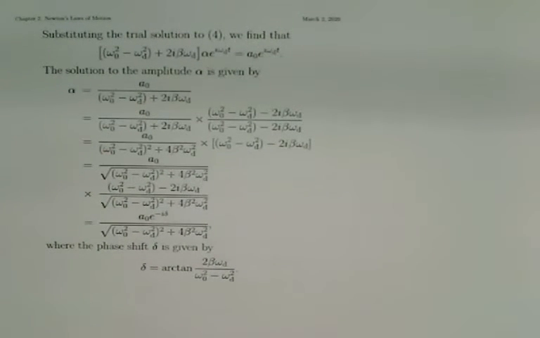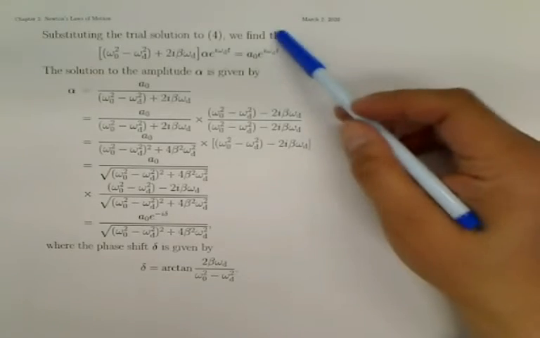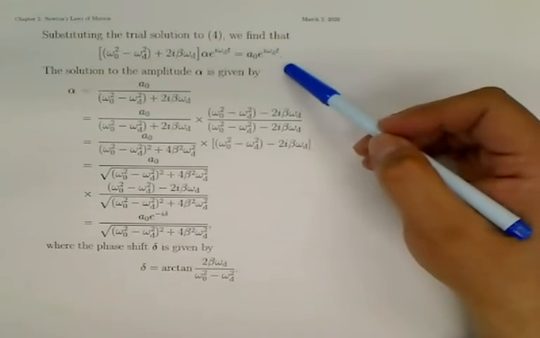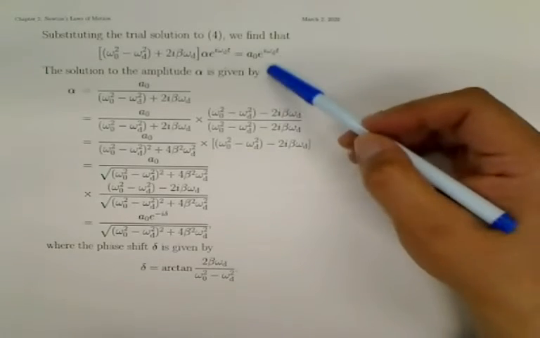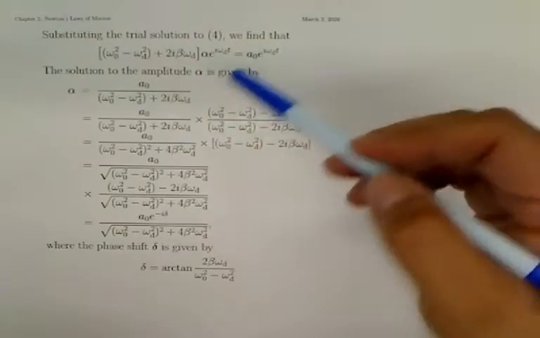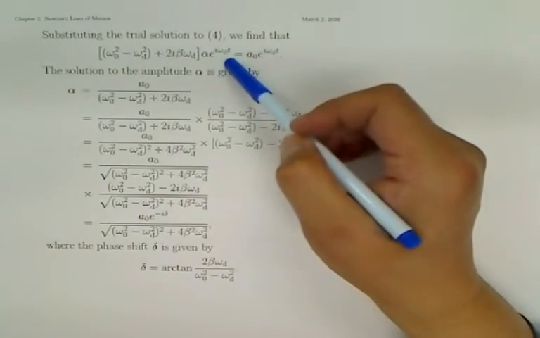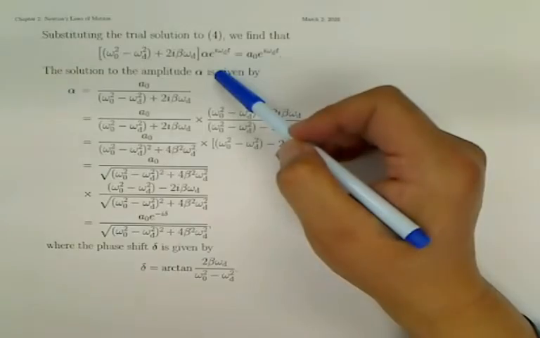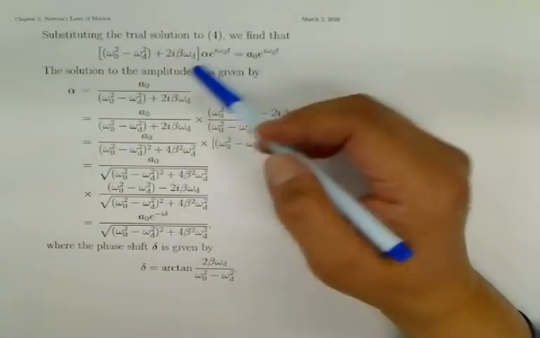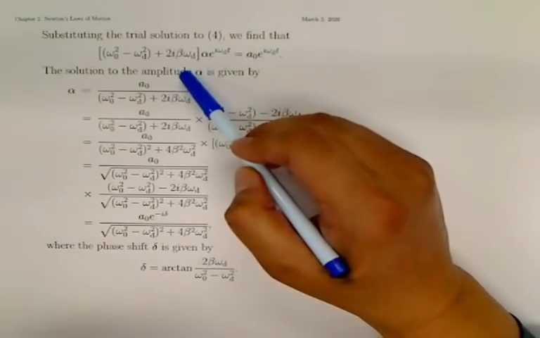So, in summary, we introduced a complex solution by replacing the sinusoidal driving force with the general exponential e to the i omega t. Then, after substituting the trial solution of e to the i omega t, we have exactly the same functional form, except that the overall factor is a constant containing an imaginary part.